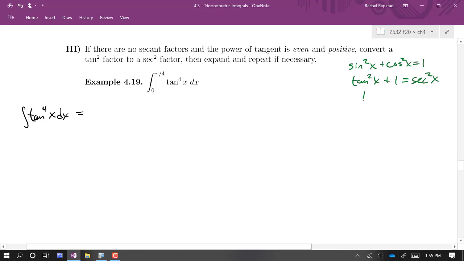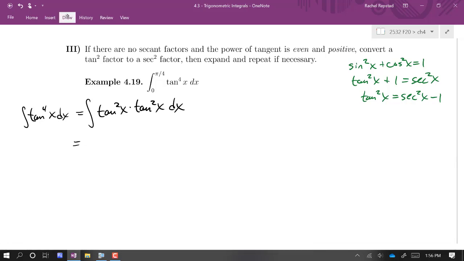And so that means tan squared x is secant squared x minus 1. Okay, so this is tan squared times tan squared. I'm going to just convert one of these to the secant squared using Pythagoras, so I'll say that second one. Doesn't really matter which one.